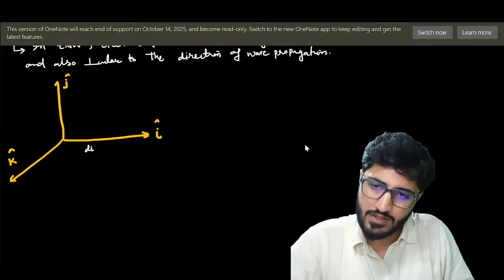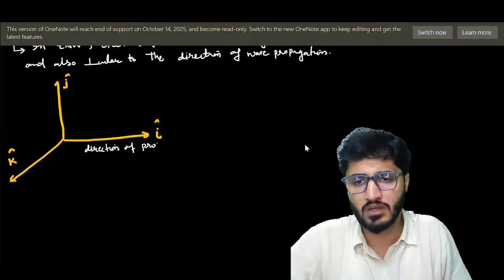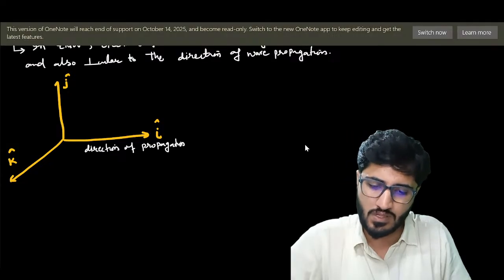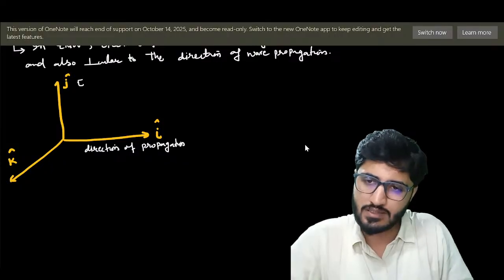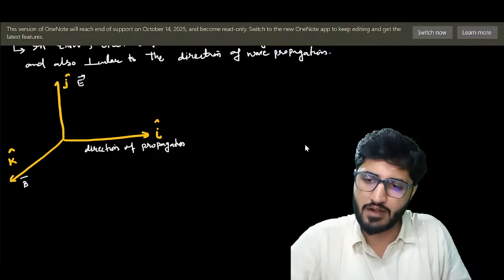If i is the direction of propagation, j is the electric field vector, k is the magnetic field vector.